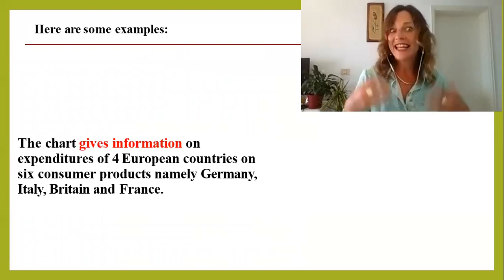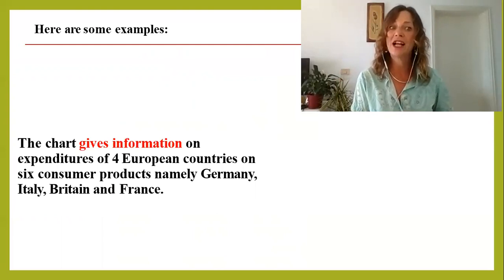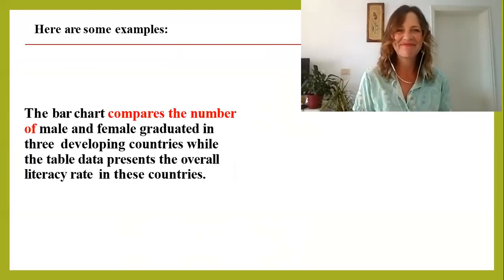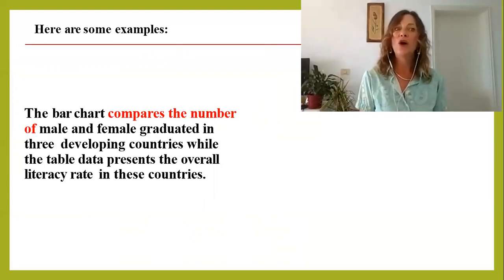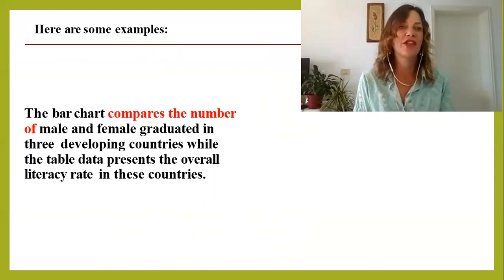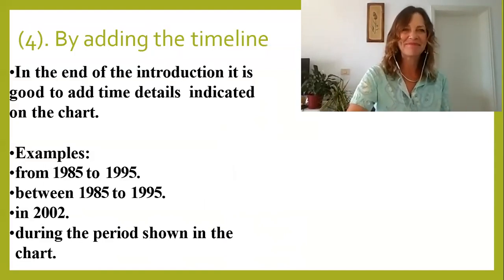The chart gives information on expenditures of 4 European countries on 6 consumer products, namely Germany, Italy, Britain, and France. And again, here we've chosen compares, the bar chart compares the number of male and female graduated, etc.